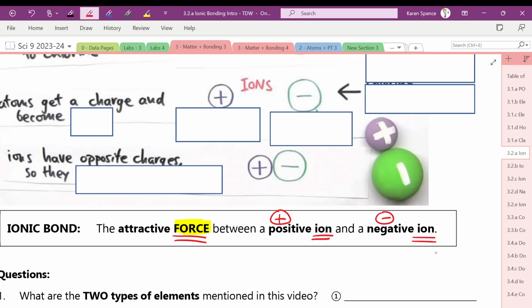Let's be on fluoride. Right? Yeah, exactly.